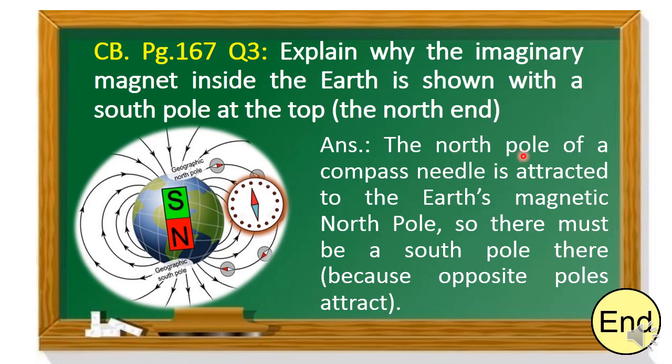Again, the north pole of a compass needle, the red part of the compass, is attracted to the Earth's magnetic pole. It should be attracted to the opposite pole. So this one is north, it should attract to south. So north and south are next to each other. Okay, so that must be the south pole there, because opposite poles attract.